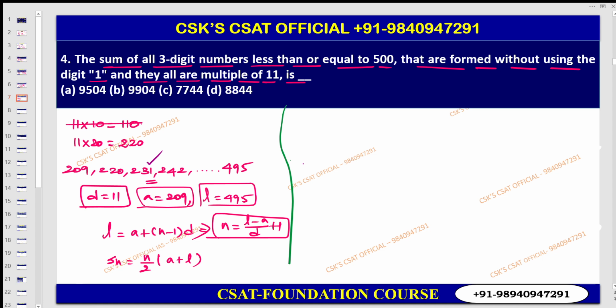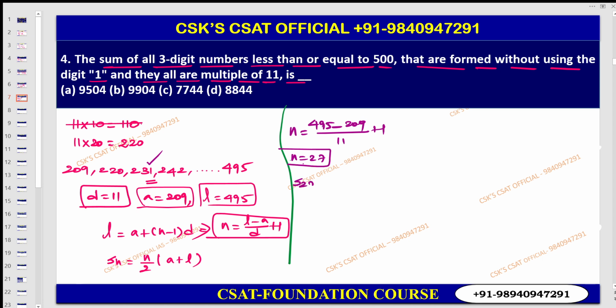So if you do this, n is equal to (495 minus 209) by 11 plus 1. If you do this, what will you get? 27.